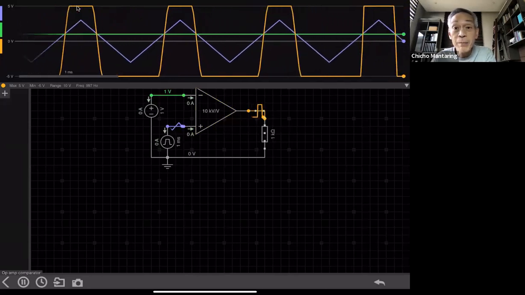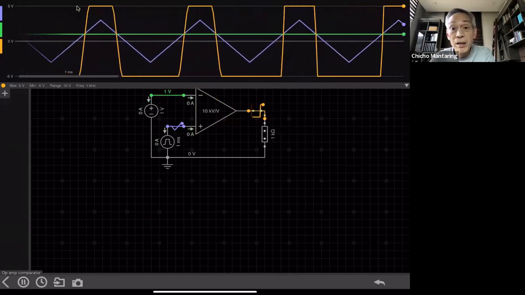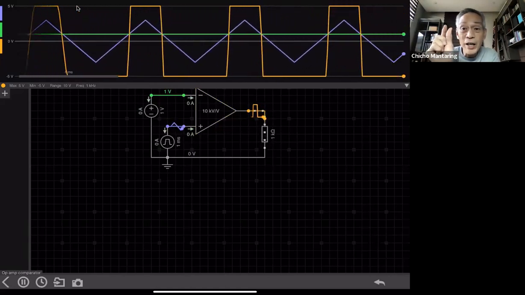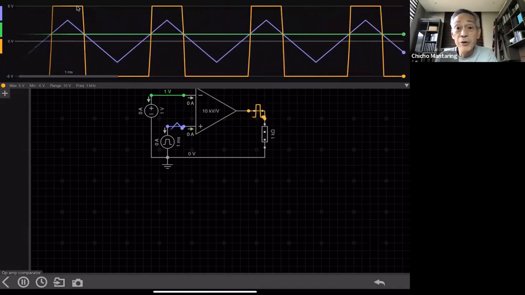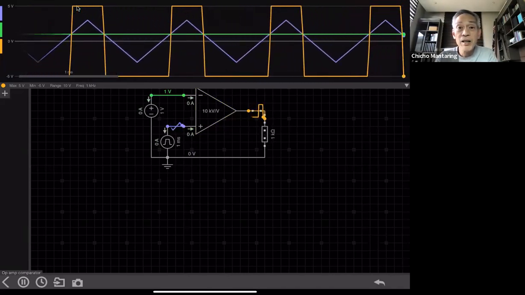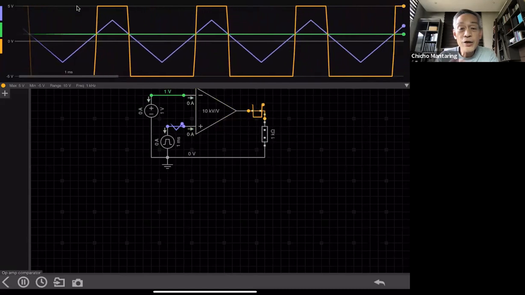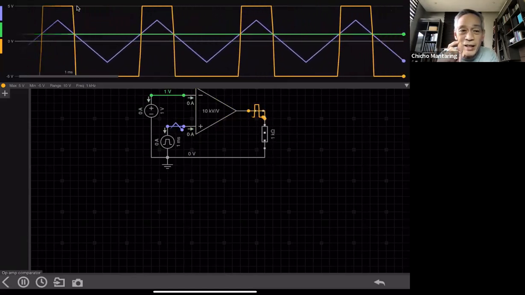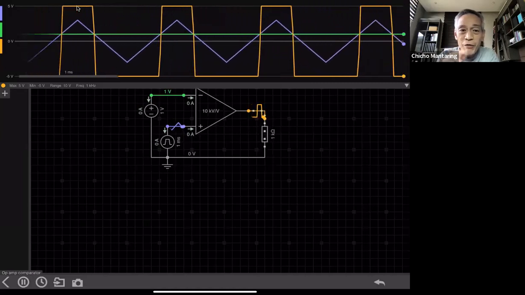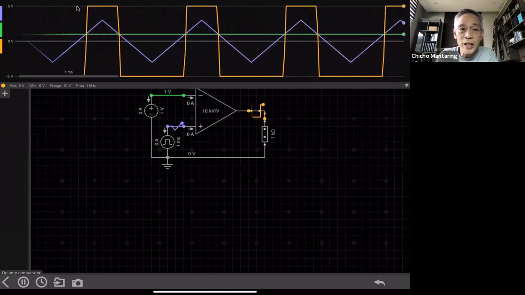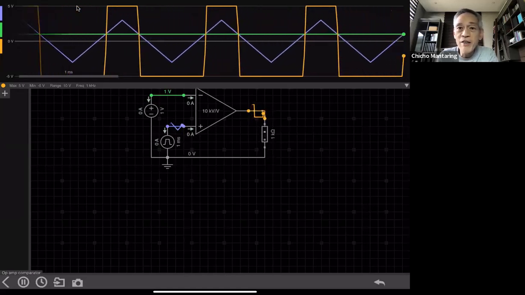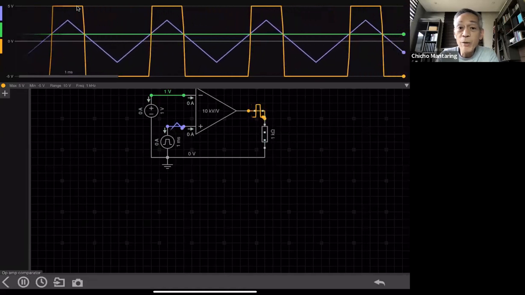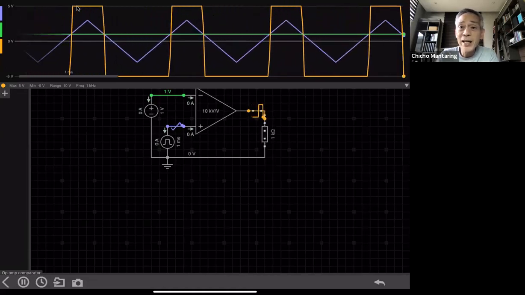It's now going to be very steep, because my linear region has become very, very narrow. So you can see how an op-amp works, no? A tiny difference in voltage between the inverting and non-inverting input will already cause the op-amp to saturate, either positive saturation or negative saturation.